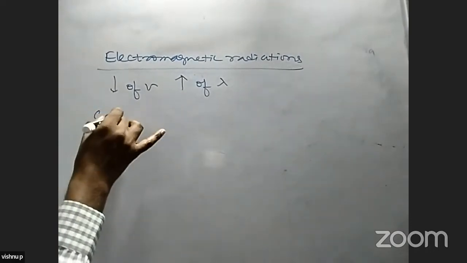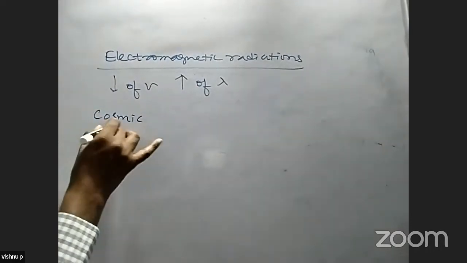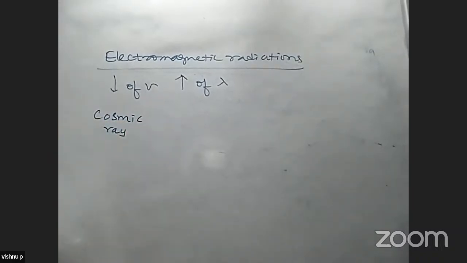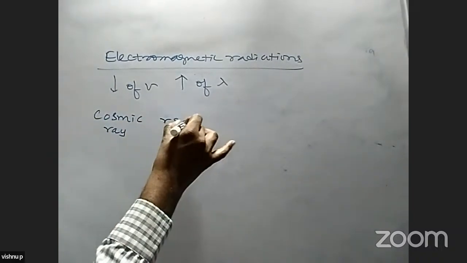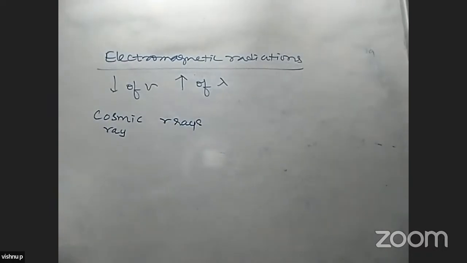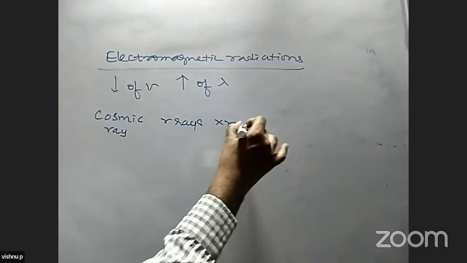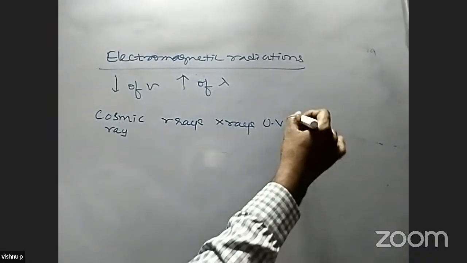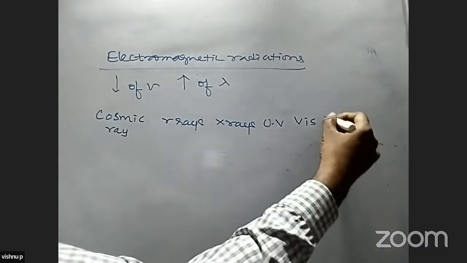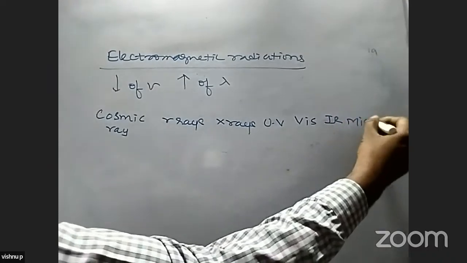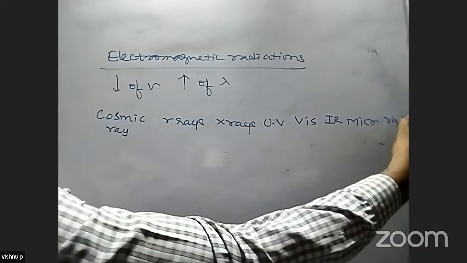The rays with high frequency and low wavelength are cosmic rays, then gamma rays, X rays, UV rays, then visible (VIBGYOR), infrared, microwaves and radio waves.